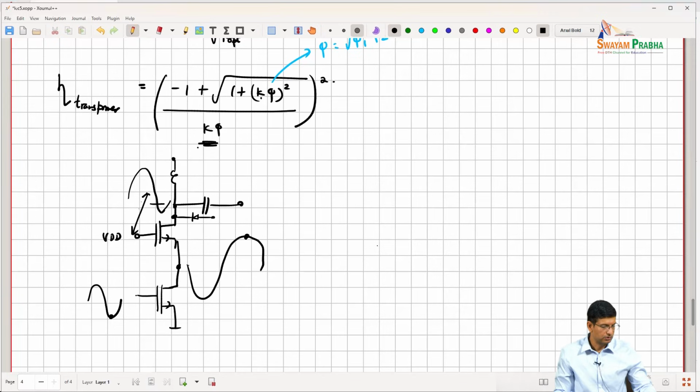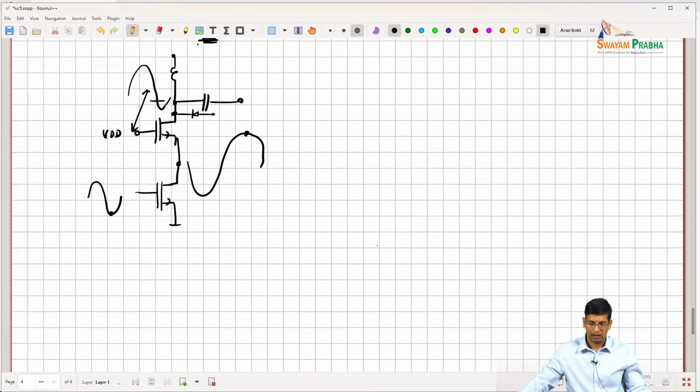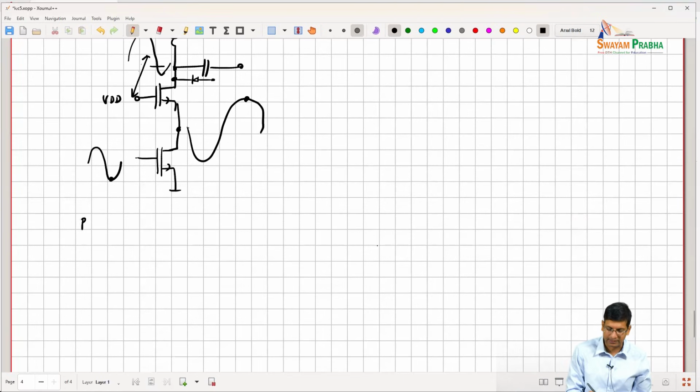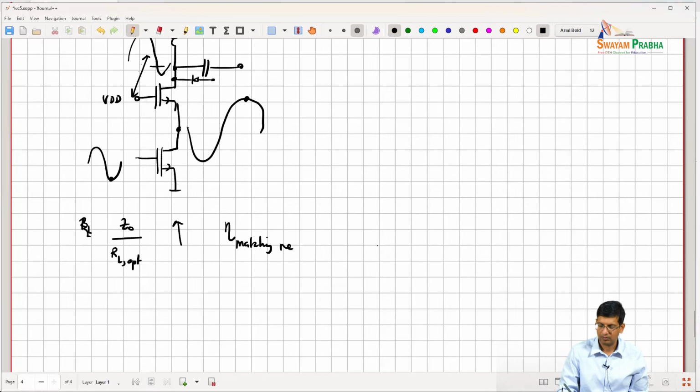Okay. So one problem that we then see in all this is that if our Z0 divided by RL opt ratio increases, the efficiency of my matching network decreases, right?